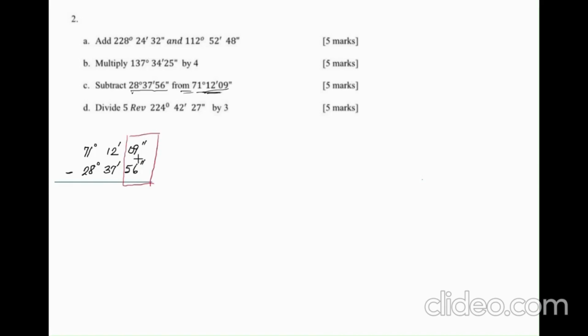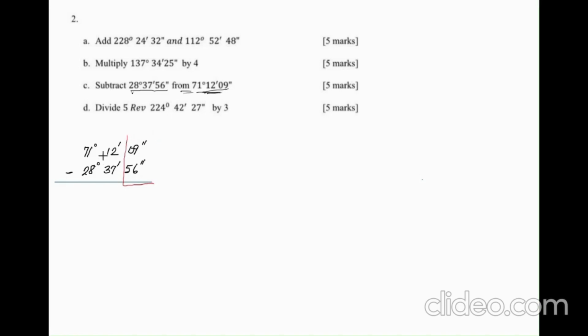So we'll deal with the seconds first. And when you look at the seconds, you realize you can't get 56 from 9. So you have to borrow, right? Borrowing works the same way as it does in regular math, right? So I have to borrow a minute from here, which is in fact 60 seconds. So when I borrow 1, instead of having 9, I'm going to have 69. Instead of having 12, I'm going to have 11 over here.